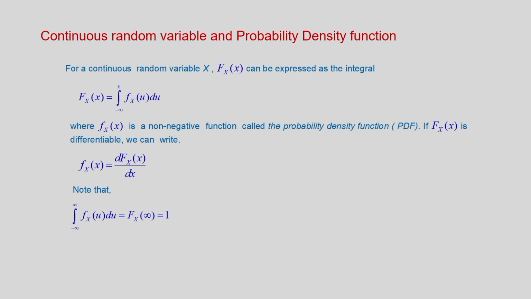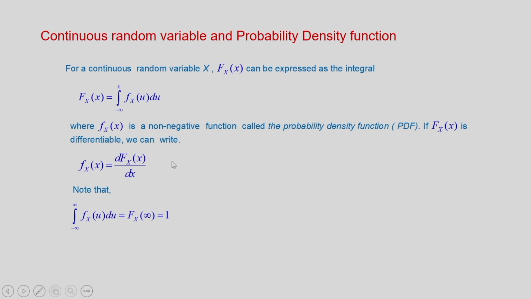Now, this quantity f_X(x) is a non-negative function and it is called the probability density function, PDF. If F_X(x) is differentiable, we can write the PDF, small f_X(x), as the derivative of the CDF, d/dx of capital F_X(x).